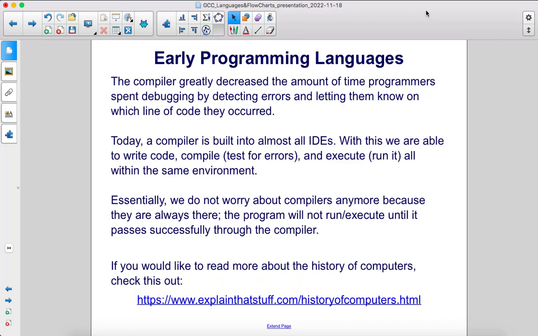Today, a compiler is built into almost all IDEs. With this, we are able to write code, compile, test for errors, and execute all within the same environment. Essentially, we do not worry about compilers anymore because they're always there. The program will not run or execute until it passes successfully through the compiler.